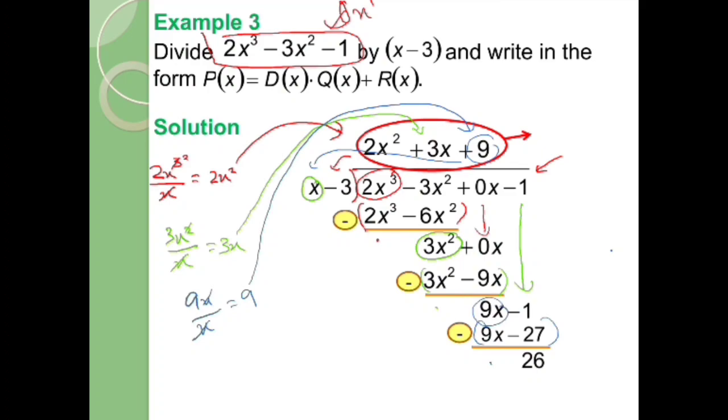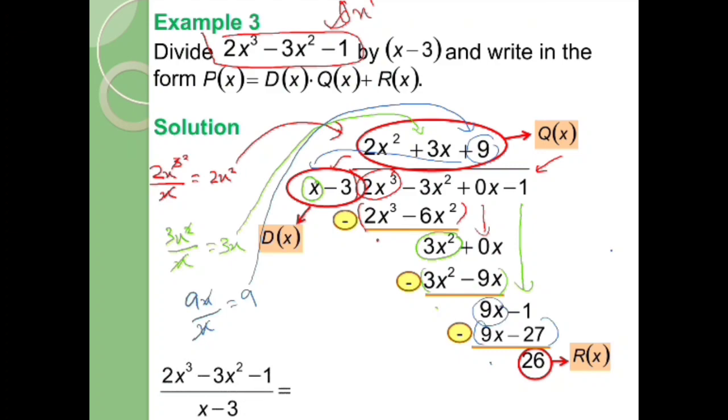So on top of the long division is what we call the quotient. x minus 3 is the divisor, 26 is the remainder. Write in the form as given.